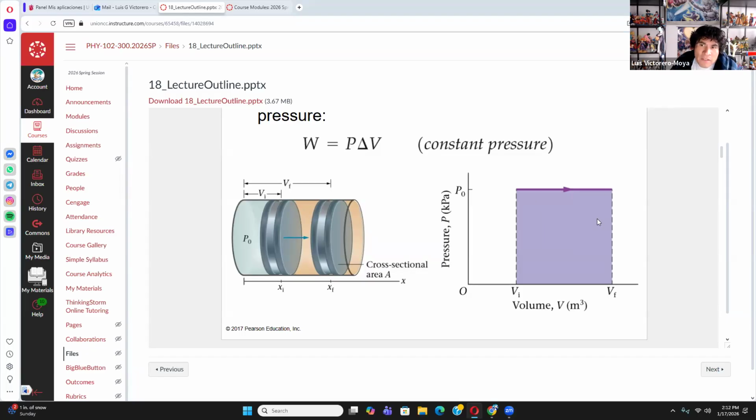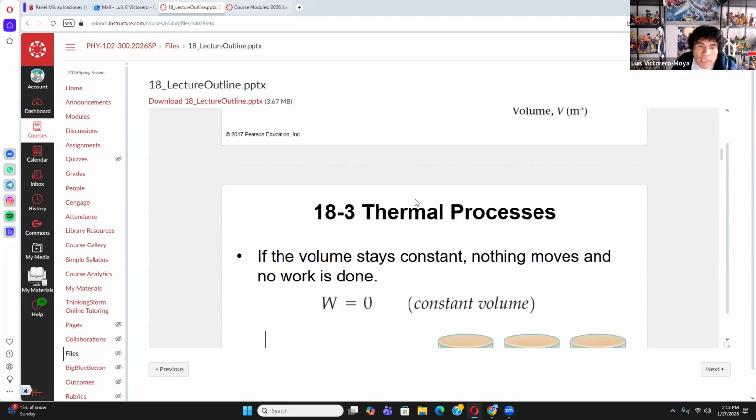The gas is expanding, so there is work done by the gas. The area under the curve, P delta V, is the value of work. There is a change in internal energy and there is heat added to the system. Okay, so none of the parameters, Q, delta U, or W, are zero.